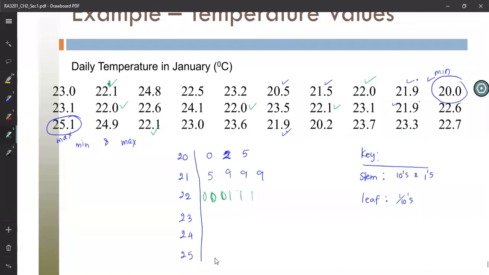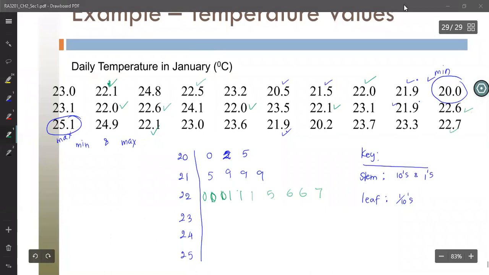Then we have 22.5, and then we have 22.6, and 7. 0, 0, 0, 1, 1, 1, 5, 6, 6, 7. Okay, yeah, thank you.